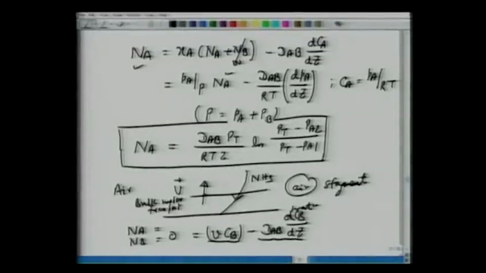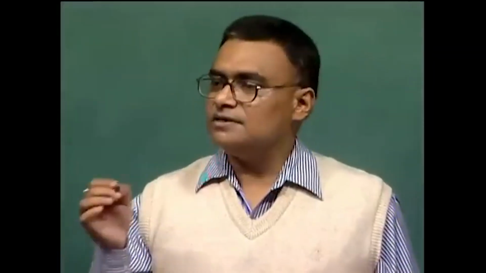So what we did here is that we started with the same equations and solved for case 2, where we say that A is diffusing but B is stagnant, N_B is 0. When we say that B is stagnant, the total molar flux of B is 0. That doesn't mean that B has no diffusion.